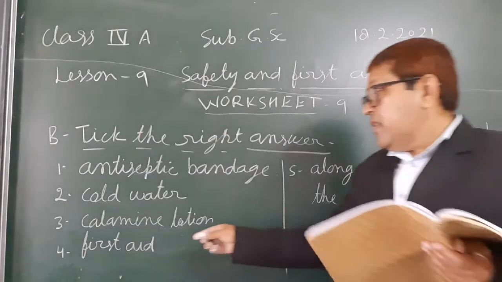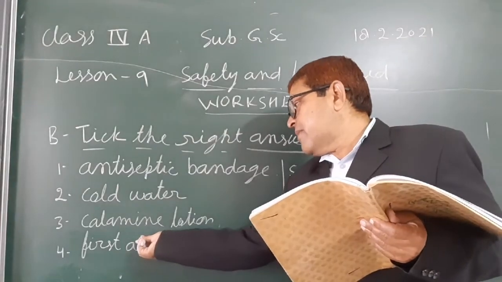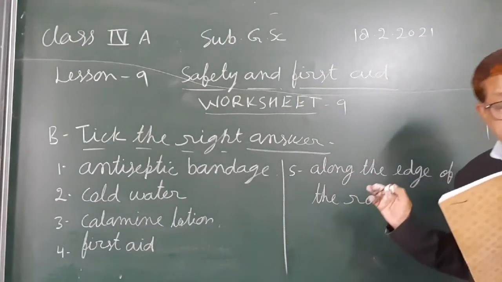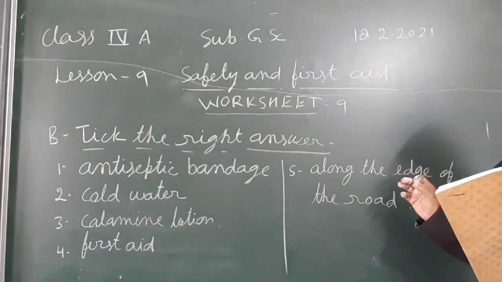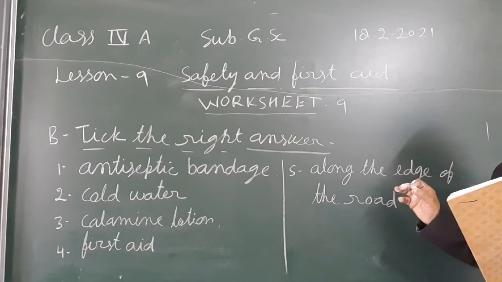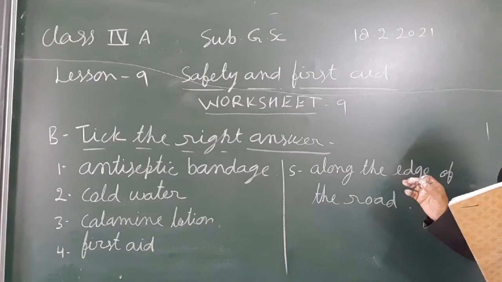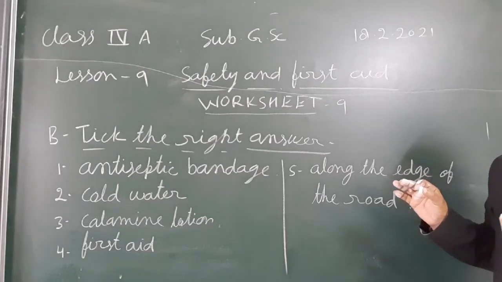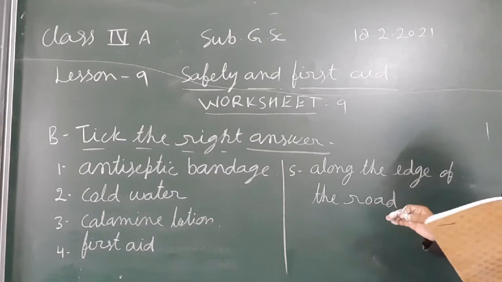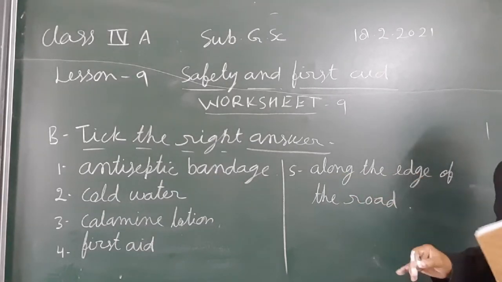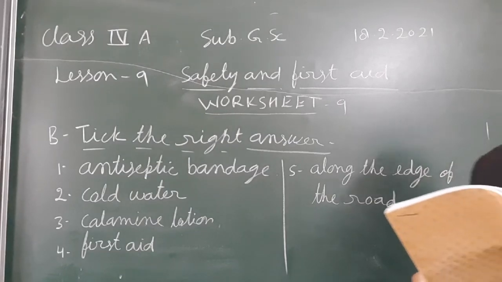So here, first aid is the correct option. Now next, fifth question. In case there is no footpath, we should walk. Two options are given: in the middle of the road and along the edge of the road. So we cannot move in the middle of the road. So along the edge of the road is the correct option.